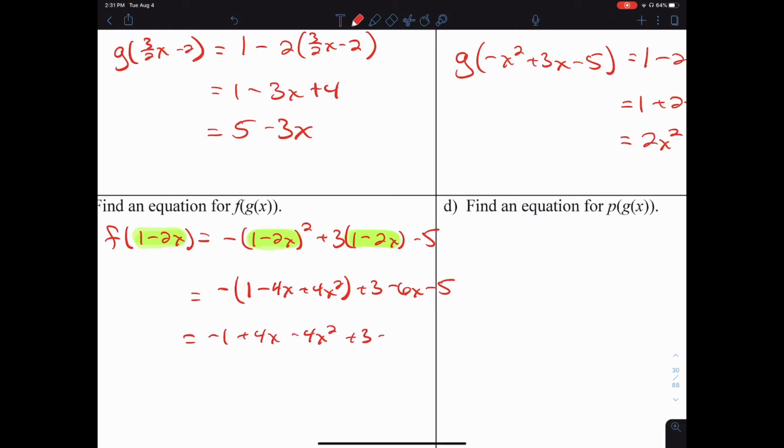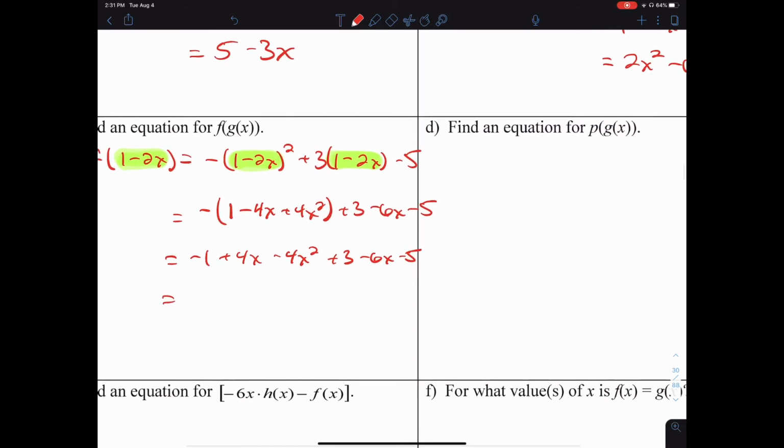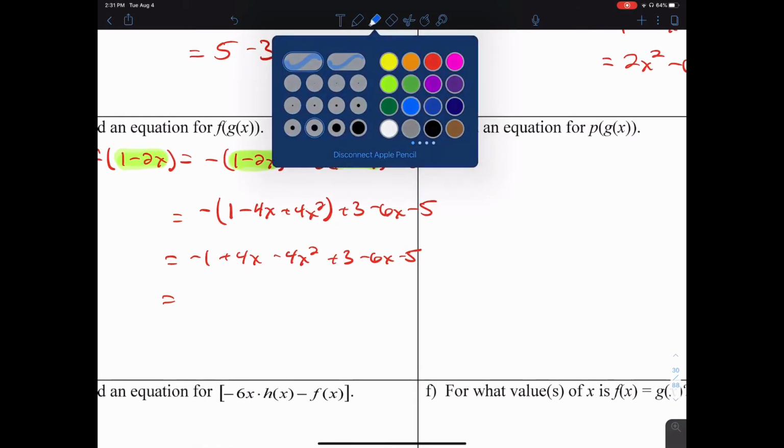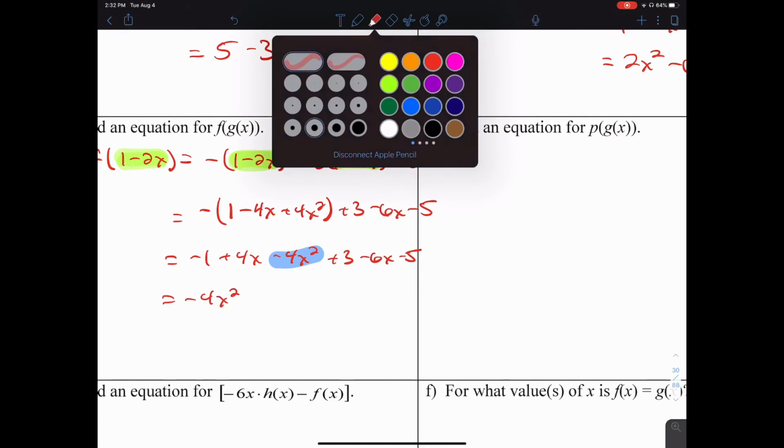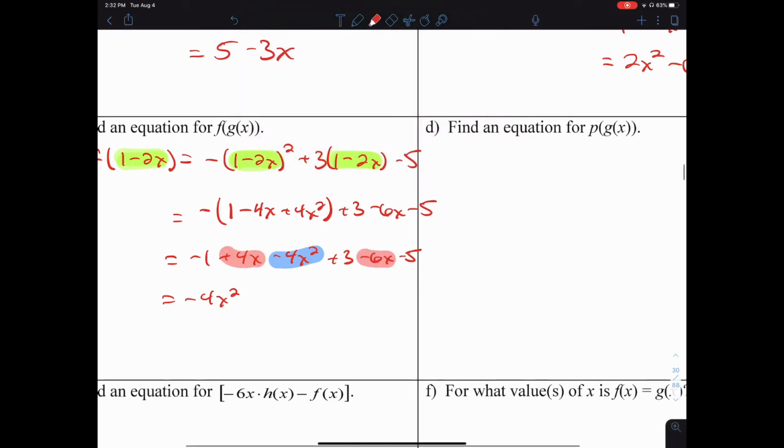Bring down the plus 3, the minus 6x, and the minus 5. Minus 4x squared has no like term. Plus 4x and a minus 6x gives us a negative 2x, or subtract 2x. And then a minus 1 and a plus 3 and a minus 5, that's going to be a minus 3.